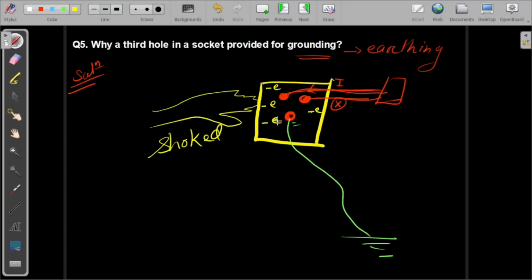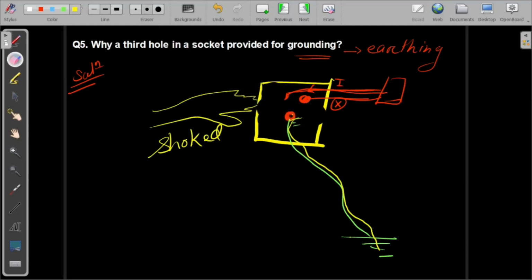But if this third hole is connected to the ground, what will happen? This extra charge will go to the ground through this wire. Then there will be no extra charge on the appliance, that means on the socket.